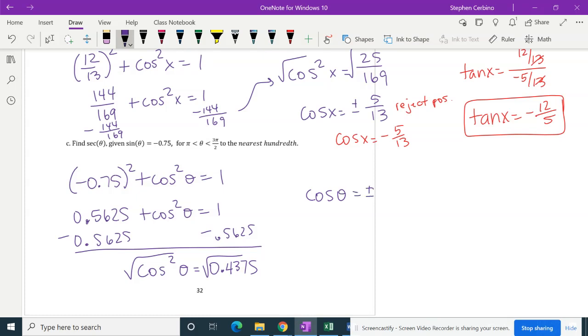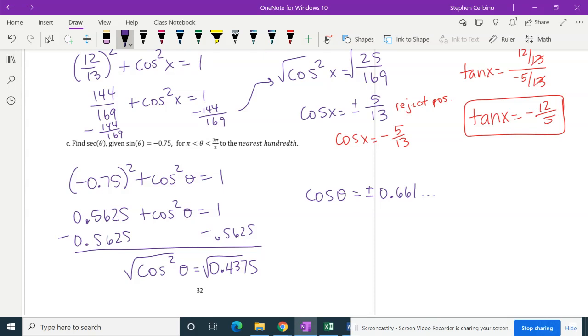Remember, two answers here. We get 0.661 dot, dot, dot. Some crazy fraction or decimal.